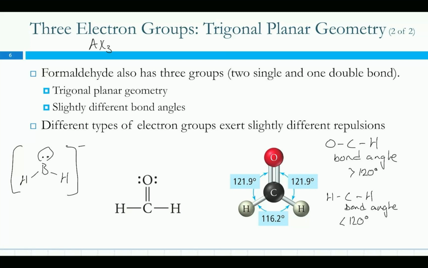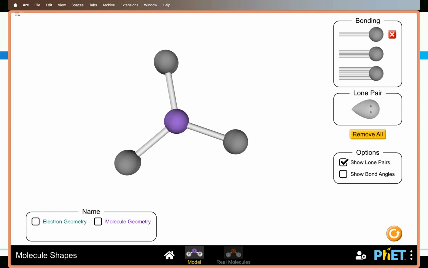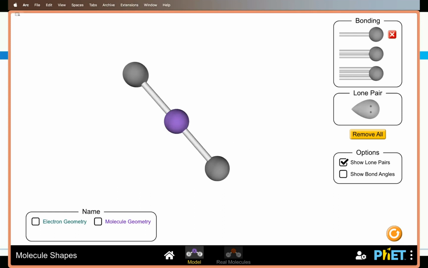So this would be AX2E, or sometimes you might leave that subscript off of the E, because if there is an E, then there has to be at least one. So what shape would you call it? Not this one. This one's basically this, but I replace one with a lone pair, so it's not a line. It's bent.